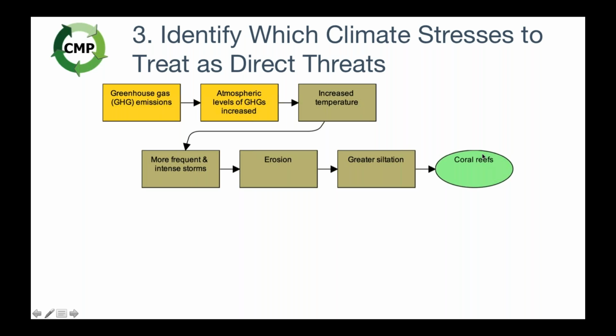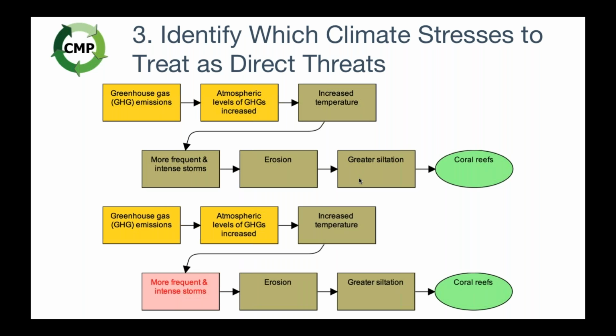So coral reefs: greenhouse gas emissions are increasing atmospheric levels of greenhouse gases, which increases temperature, which causes more frequent and intense storms, which causes erosion and greater siltation affecting the coral reefs. So this is a chain of stresses. Which one are we going to treat as a direct threat? John and I would treat the more frequent and intense storms in this case.